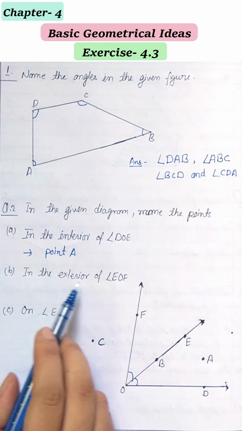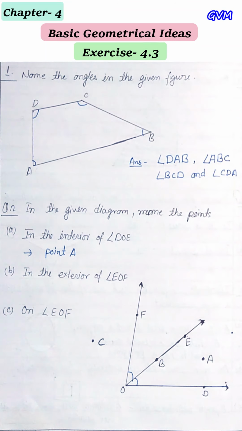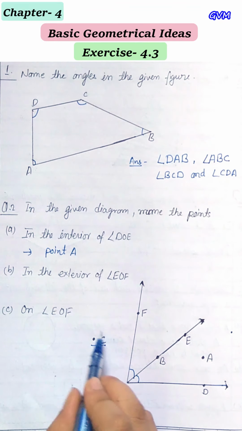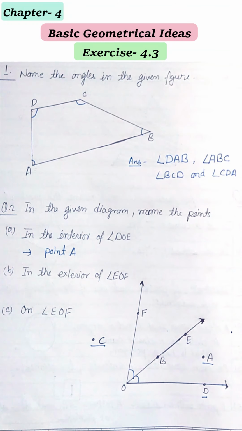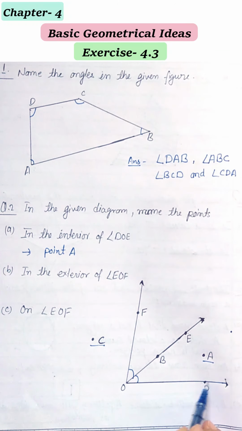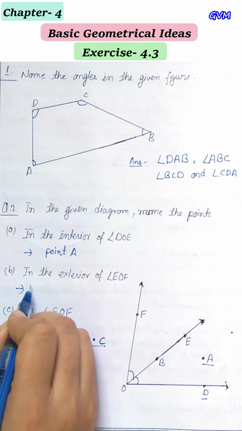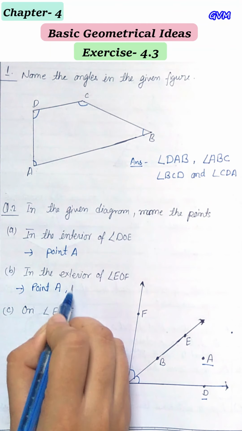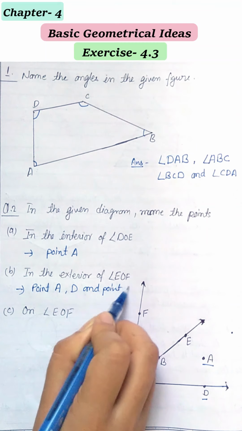So we have to find out which points are in the exterior of this angle. In the exterior, first point is C, second point is A and third point is D, because they are in the exterior of this angle. So answer is point A, D and point C.